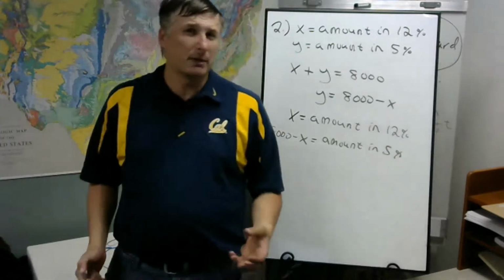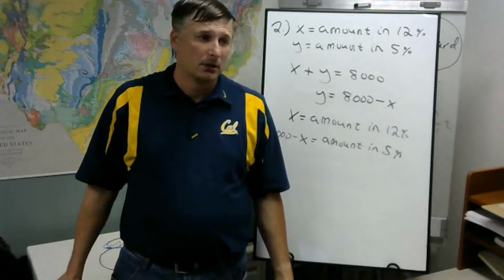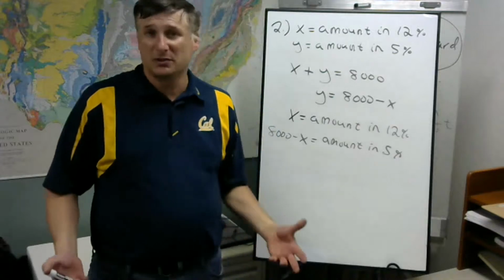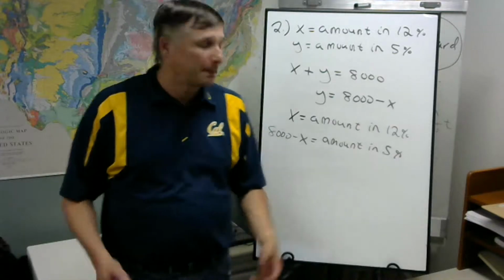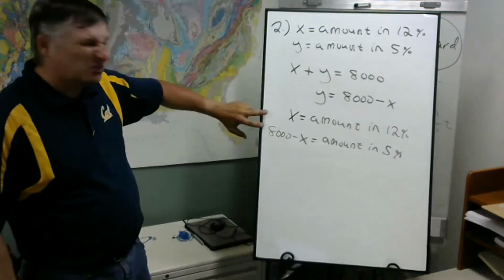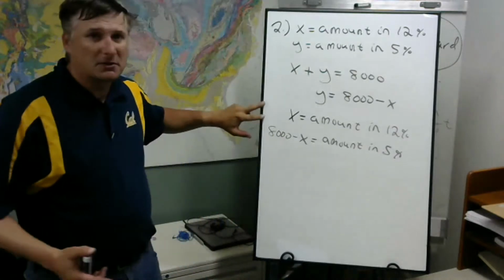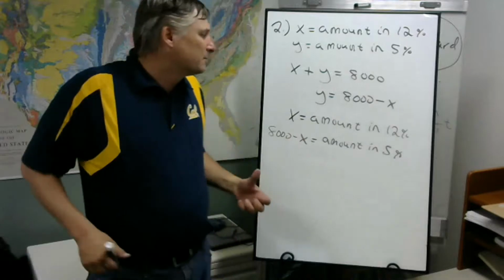If we can reduce the number of unknowns in our problem, that's really going to help. We don't have to use a system of equations, which makes life easier. So, all right, we've done a little cleanup work here, made life easier, and were able to get rid of one of the unknowns.